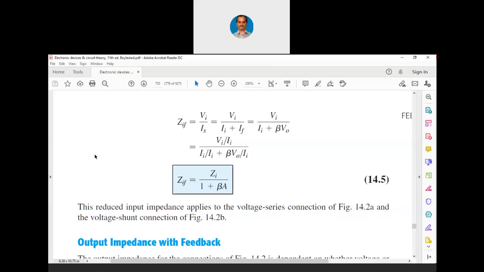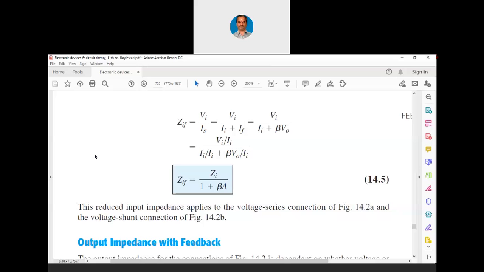Similarly, ZOF, the output impedance with feedback, is also going to reduce in 2 cases and increase in 2 cases. Later on, I will show you a tabulation in my PowerPoint slide about which type of connection has which type of advantage and disadvantage. And even now it may be seen that this input impedance is going to be reduced by a factor of the loop gain. This can also be useful when it comes to impedance matching. That is the idea here.